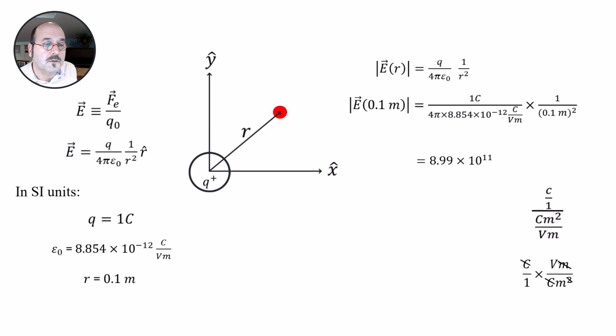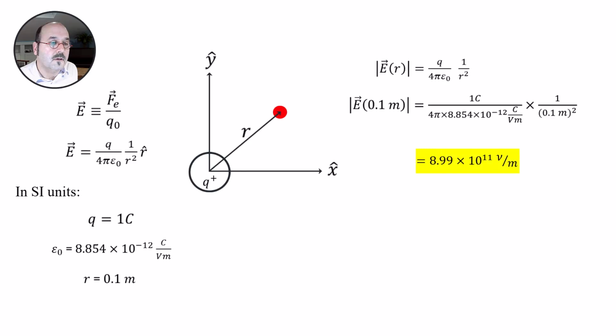I'll write that in here, volts per meter. And this is the answer for our magnitude of the electric field due to a point charge of 1 coulomb at a displacement of 0.1 meter or 100 millimeters away.